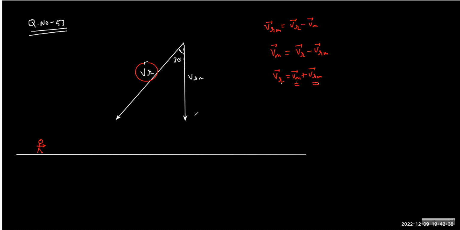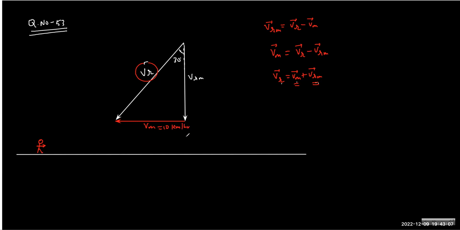How to add to get VR like this? Left. It must be left, isn't it? So the man is walking this way, and that is why this is VR. This is V man, and this is given to us as 10 km/h.